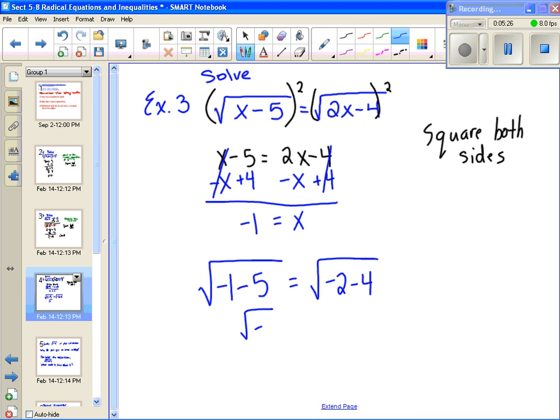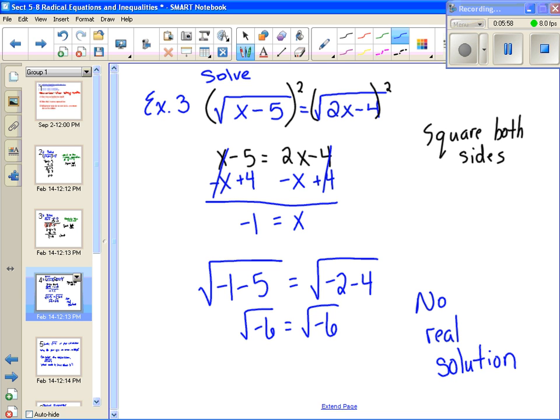So I get the square root of -6 equals the square root of -6, which you might look at and say, well, it's true, it works out on both sides, except the problem is the square root of -6 has no real solution because you can't take the square root of a negative. Think about what number could you multiply by itself to get -6? So the answer to this problem is no real solution.